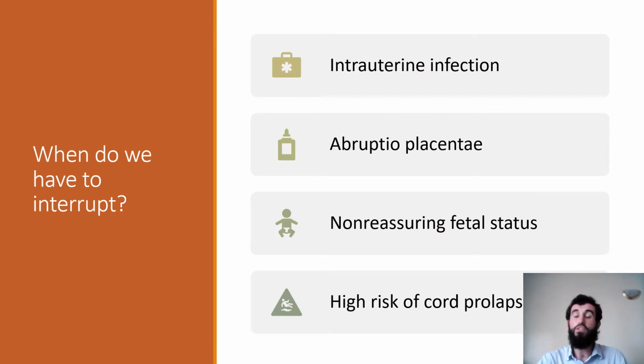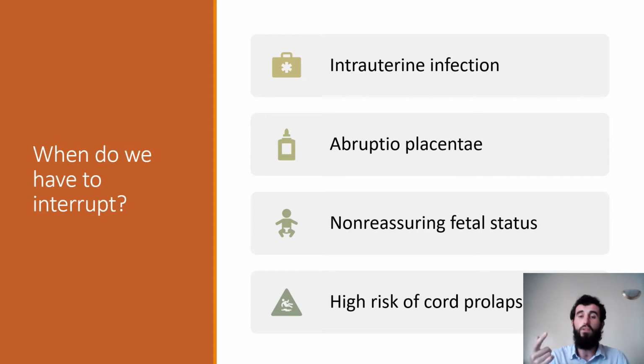When do we have to interrupt? This question was another of the controversial points. So we have to have an expectant management until some of these points occur where we are going to interrupt the delivery. So the first is intrauterine infection. That's why it is very important to make continuous monitoring of the patient and also laboratory requests.